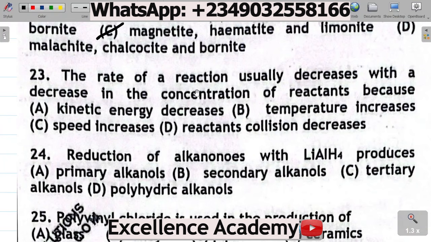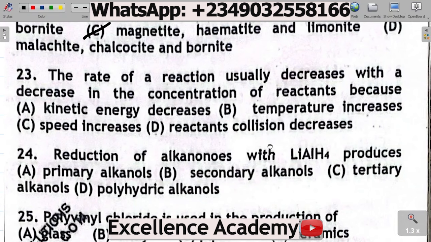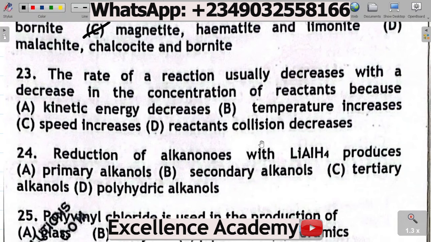If the concentration of reactants is reduced, that will result in fewer particles being available to collide together so that the reaction can occur. So a decrease in the concentration of reactants will cause the reactant collision to decrease. So D is the correct answer.